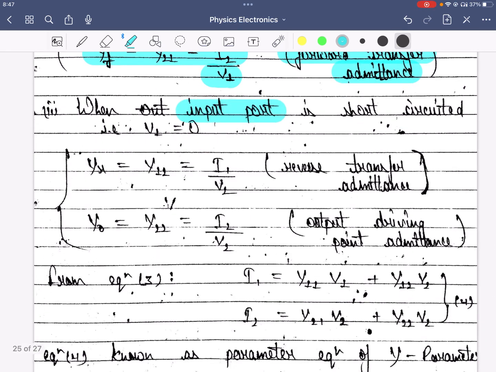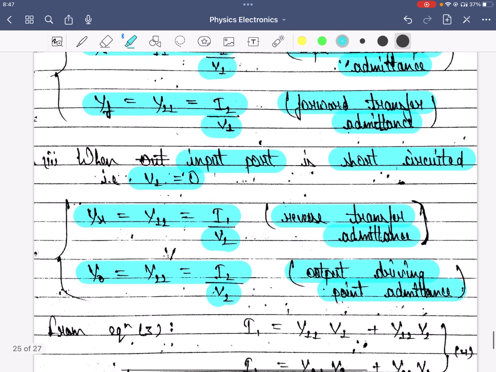When input port is short circuited or V1 is equals to 0, Yr is equals to Y12 is equals to I1 by V2 and it is known as the reverse transfer admittance and Y0 is equals to I2 by V2 and it is known as the output driving point admittance.